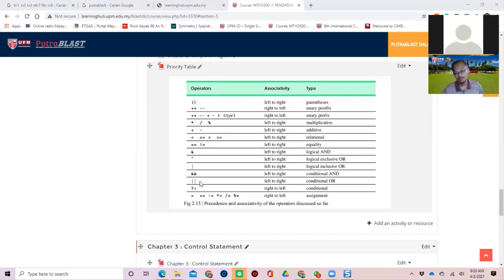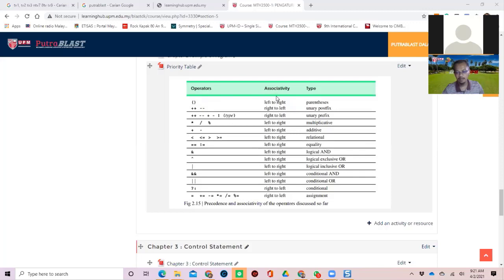If a single expression in one line involves many of these operators, you need to consider one by one which is first and which is lowest parity, and follow this parity level. This one is more complete compared to the one in the module, so you have to use this.